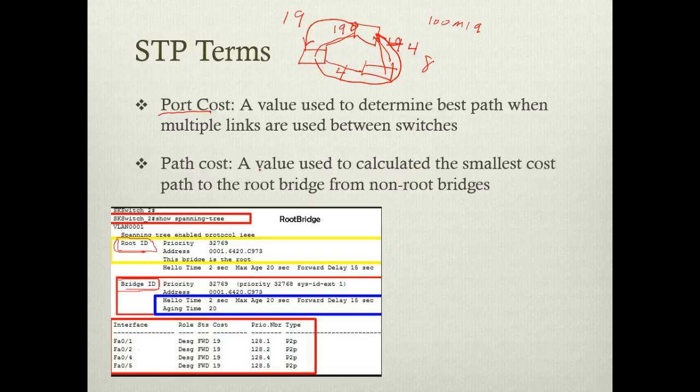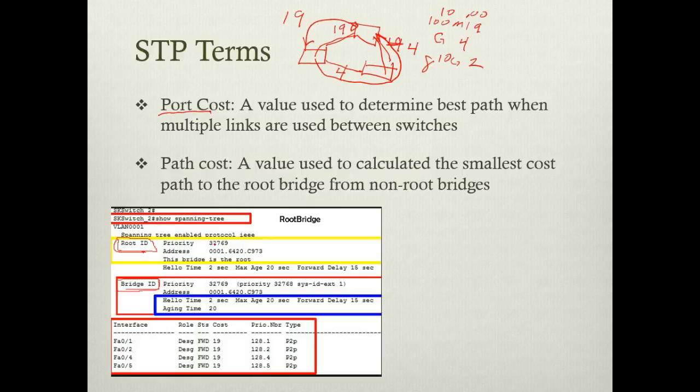The path cost is the value used to calculate. So what we have here are the port costs, and the port costs are based on the speed. The gigabit is 4, and the 10 meg is 100, I believe, and the 10 gig is 2 when you're doing the cost. This one down here shows spanning tree.